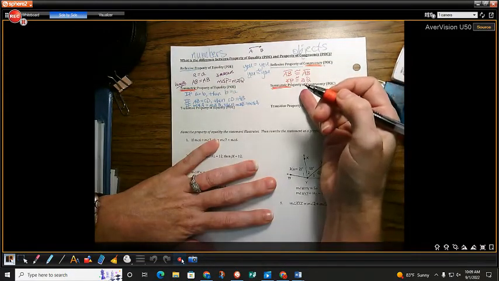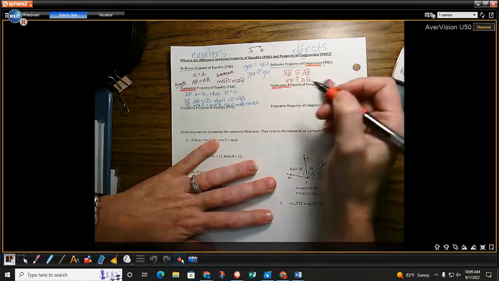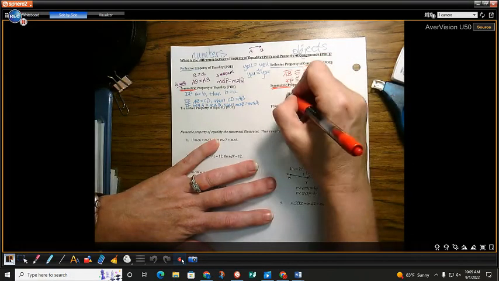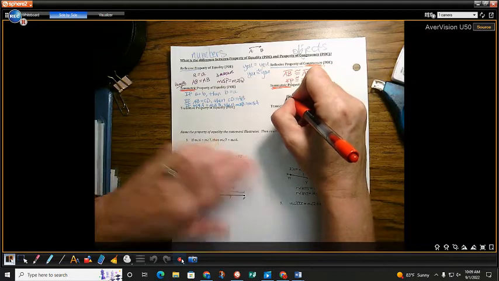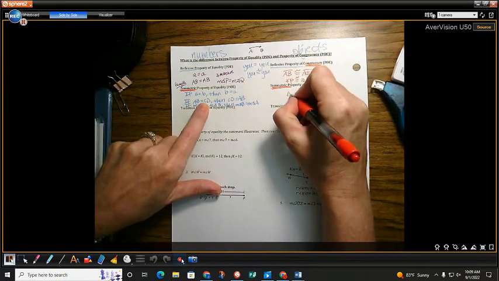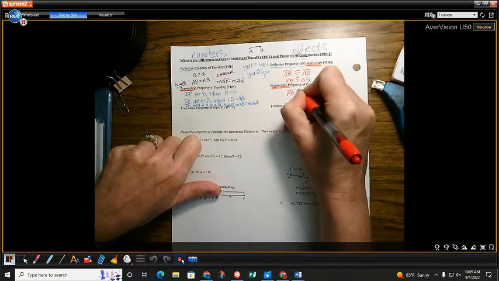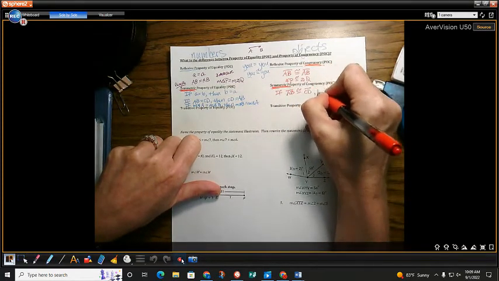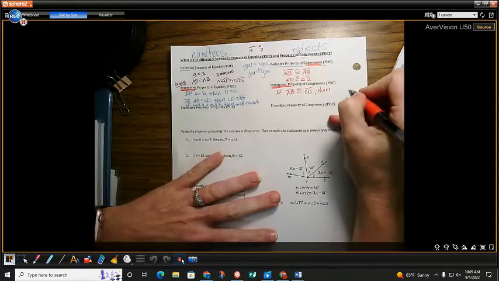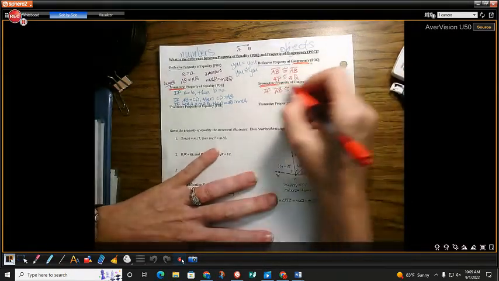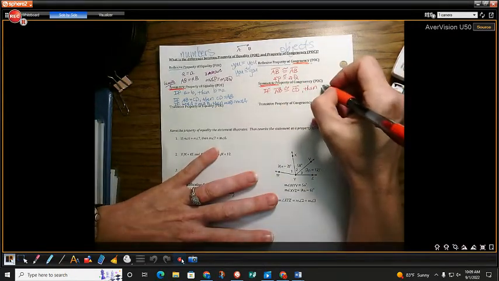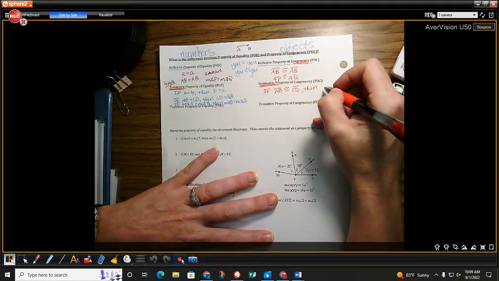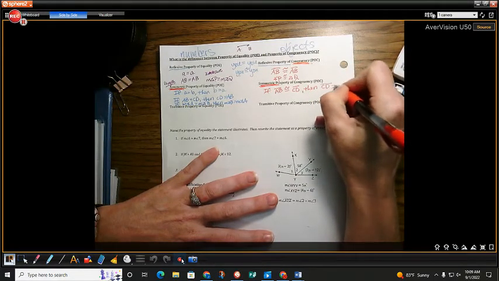When you get into objects, the symmetric property also holds true for congruent. If you're talking about segments, instead of equals, you could say: if segment AB is congruent to segment CD, then what would the symmetric property of congruence tell us? That segment CD is congruent to segment AB.